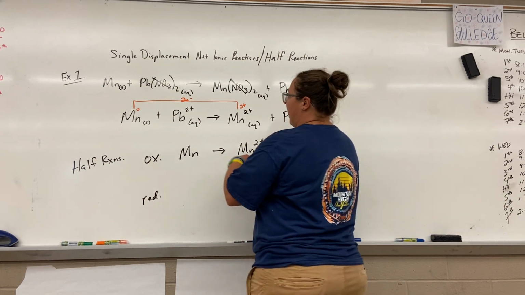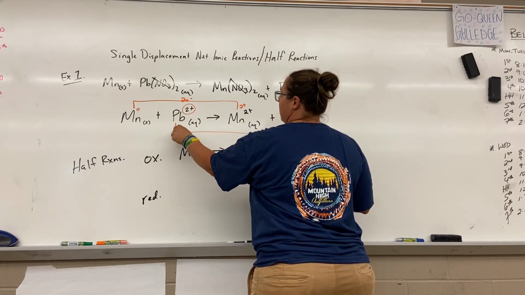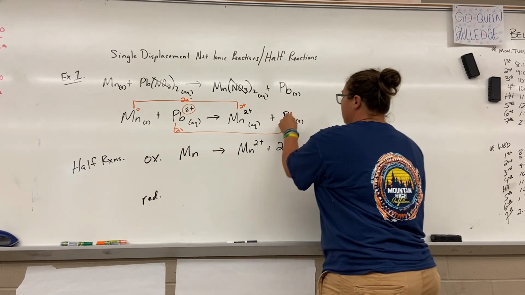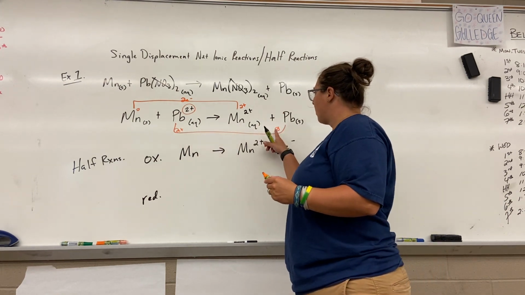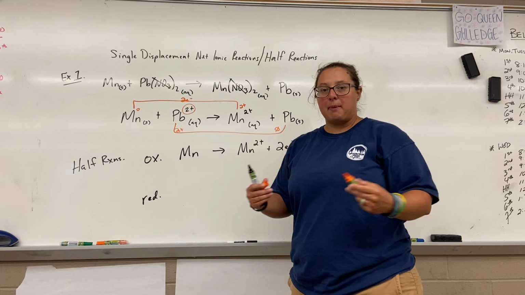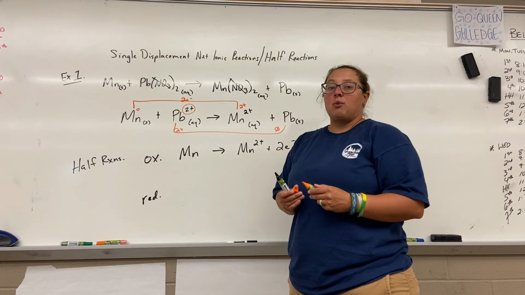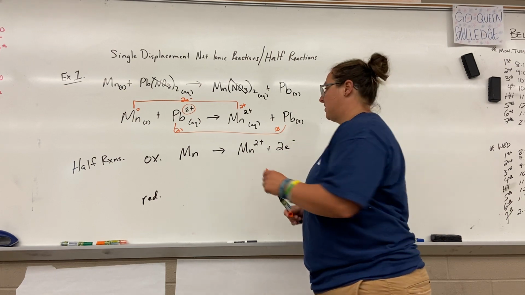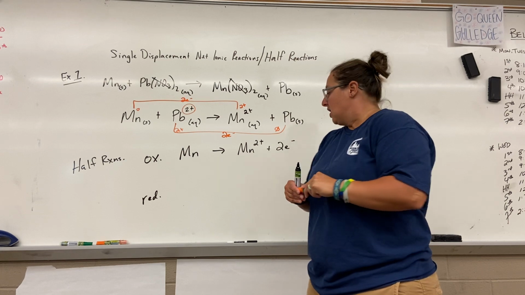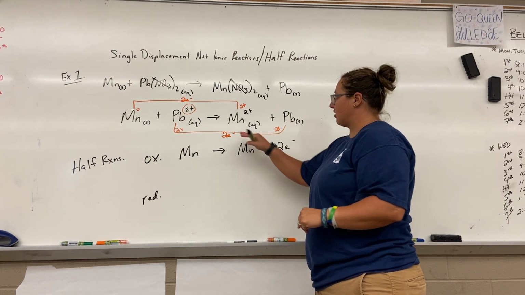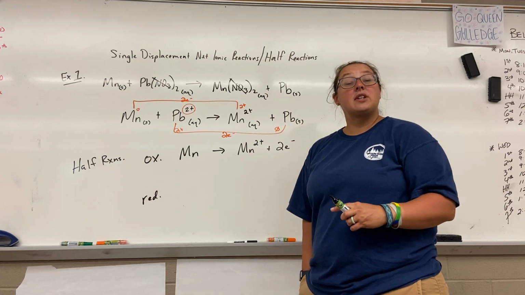So, do you see how this Pb goes from an oxidation state of 2+ to 0? This is getting more negative, which is what's happening when you're gaining electrons. How much are we changing my oxidation state by? We're gaining 2 electrons.